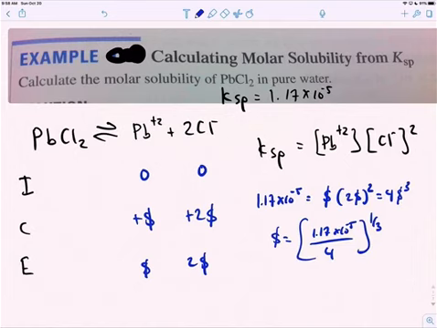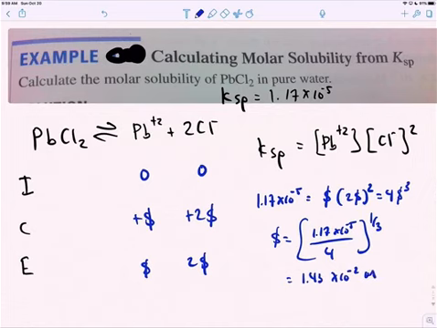And so what is that? And it is 1.43 times 10 to the minus 2 molar.